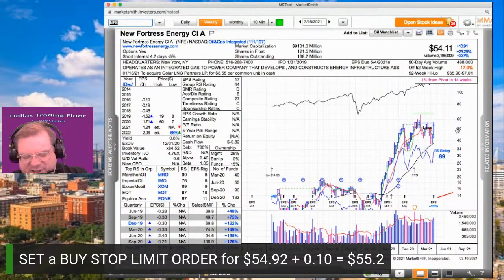So this one is definitely a good NFE. This one could be bought definitely at that price, and I'd be looking to possibly do that tomorrow.